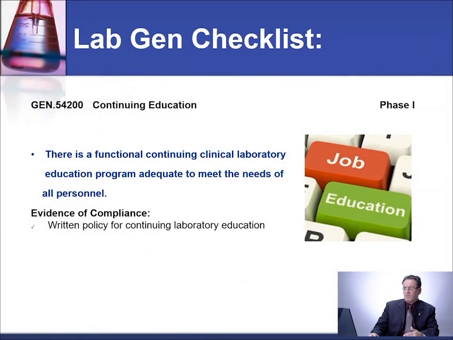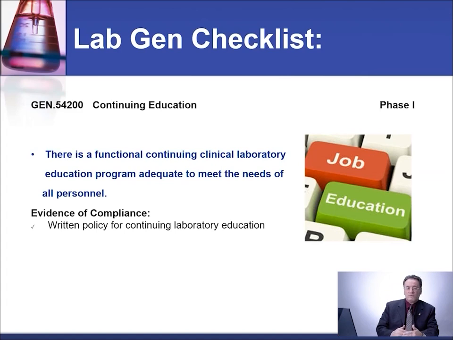Gen 54200, continuing education. What I recommend here is that you should have a schedule for CME in your own lab for 12 months at least. Every month you offer a lecture for the staff, and the lecturer could be or should be one of your staff, either a section head, a quality manager, a supervisor, or a technologist.